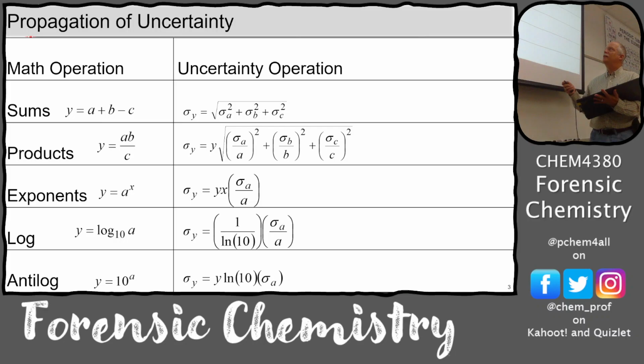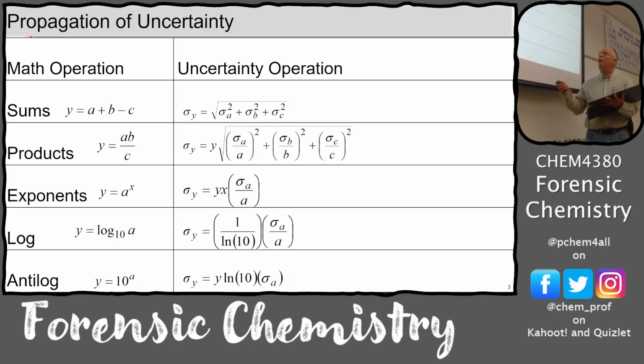We can simplify these things in a couple of cases. Like if you have the uncertainty divided by the value itself, that's the relative standard deviation. So it's the standard deviation relative to the value. And so in this case, if we have this mathematical operation of A times B over C, then this is the RSD for A, the RSD for B, and the RSD for C. So notice that it's just the sums of the squares of the relative standard deviations.